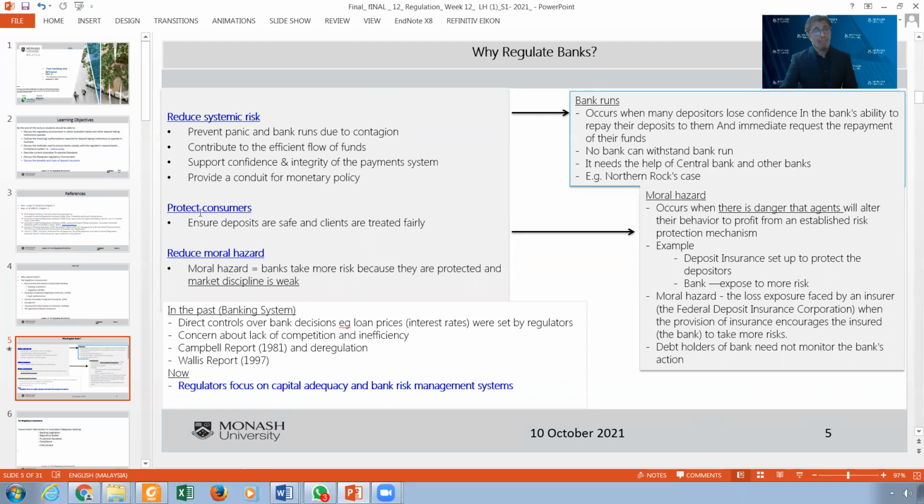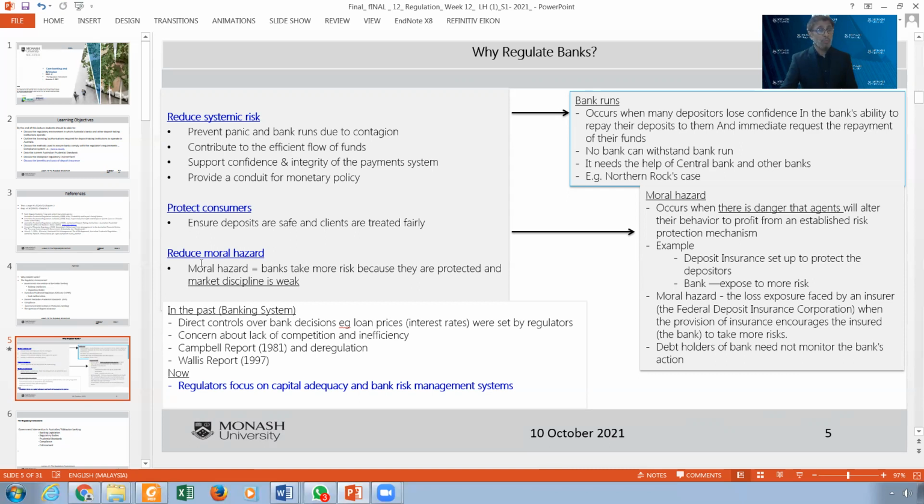In this country, we have some regulations to protect the customers, like the depositors and the investors, and also to ensure that deposits are safe and clients are treated fairly.